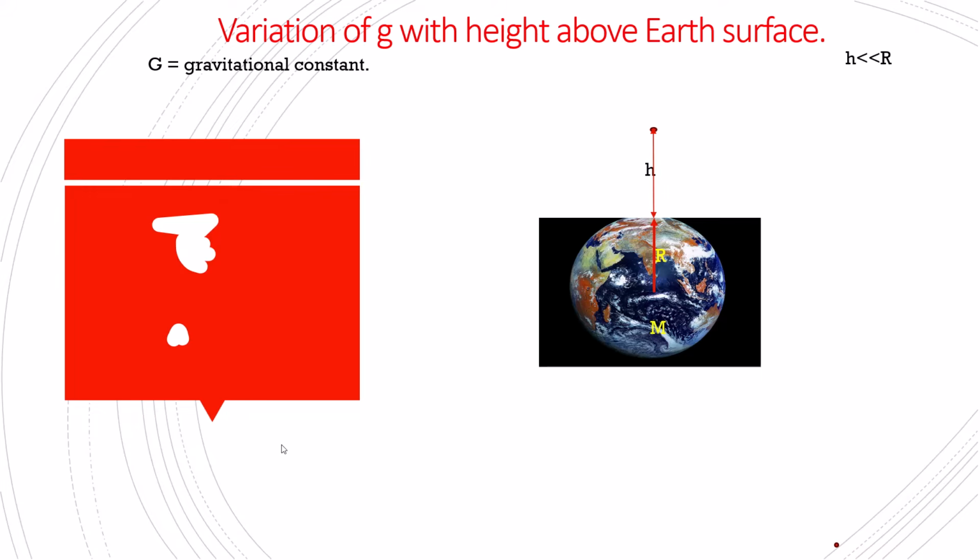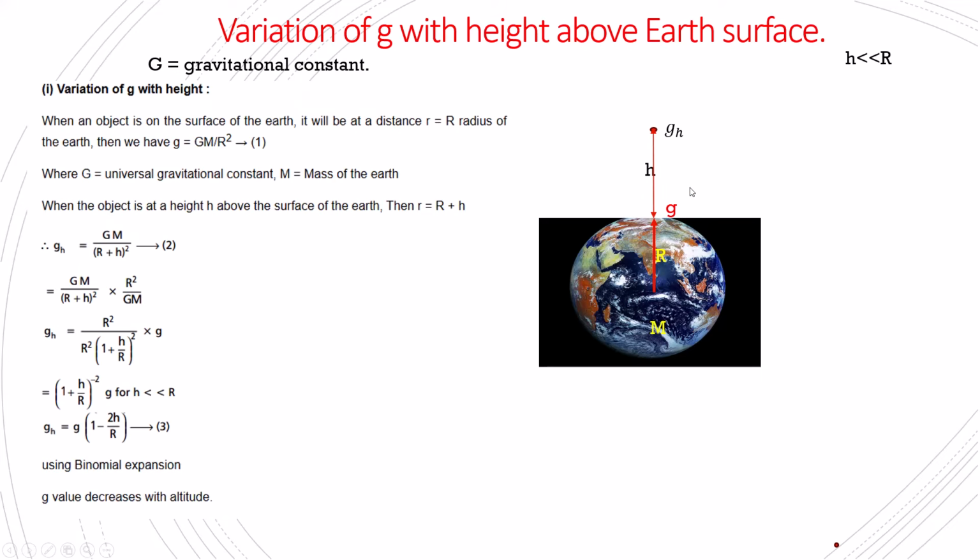From the earth's surface at height h, we want to calculate the acceleration due to gravity. Now we consider this height h is less than the radius of the earth, and at height h the acceleration due to gravity we denote by gh, and at earth's surface the acceleration due to gravity is g. Now there is the calculation.